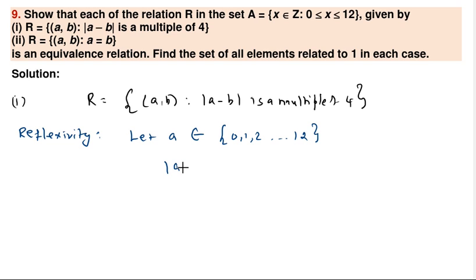Then mod of a minus a is 0, a multiple of 4. Therefore, R is reflexive.